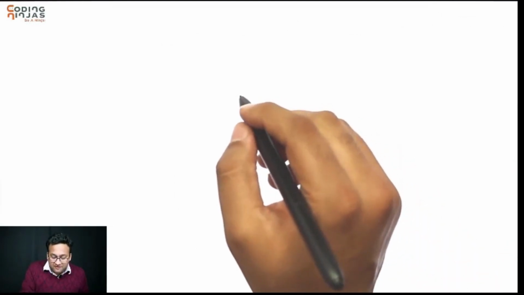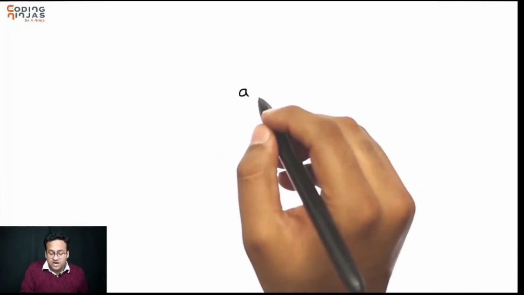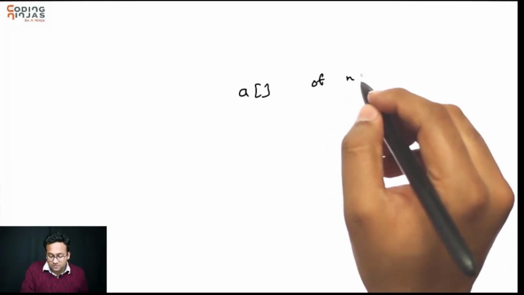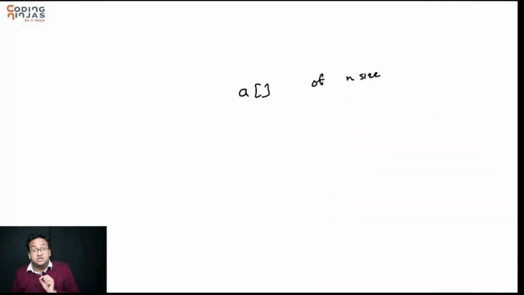On the other hand, if I had created a list of, let's say, n size, that basically means you have created an array, a list of n size. At one point of time you need this list of size n. That means you need this extra space of size n.